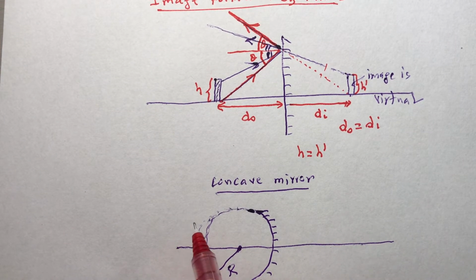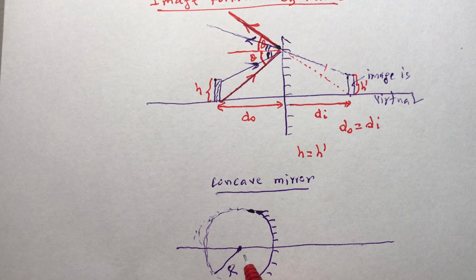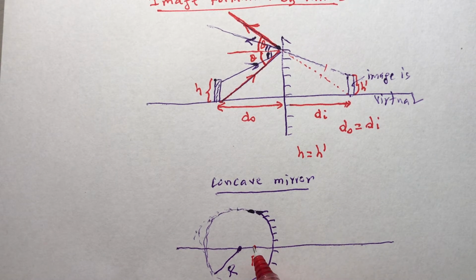Well, before I draw the ray of light, let me look at this point here, halfway. So this is the focal point. I call it F, focal point. So for this concave mirror, the focal distance is equal to the radius divided by 2.